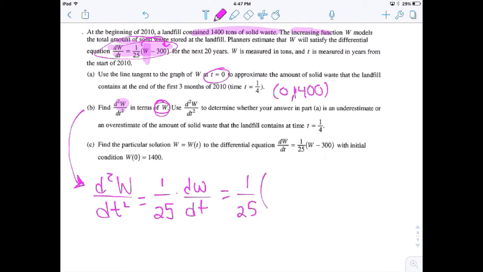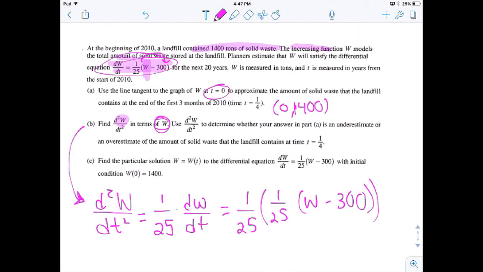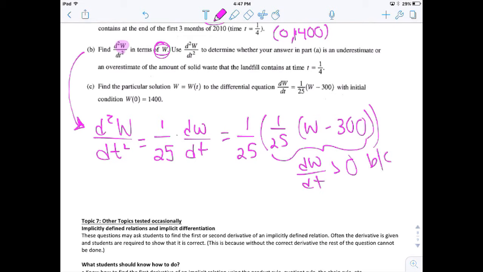Now, here's what I know. This is increasing, which means that this dW/dt is greater than 0 because W is increasing. And so because of that, d squared W/dt squared is always going to be positive.